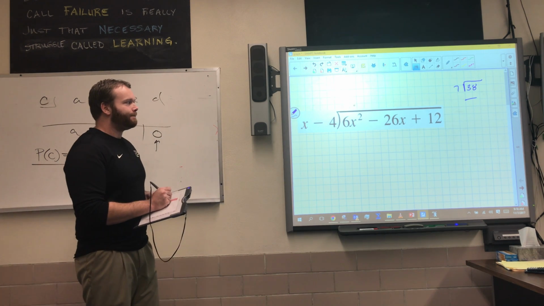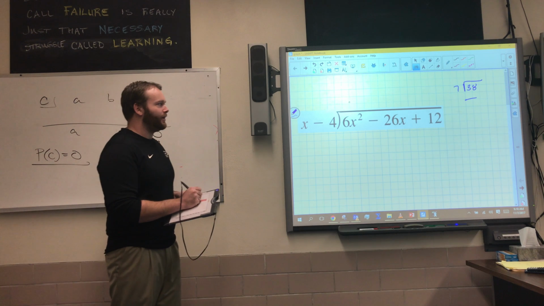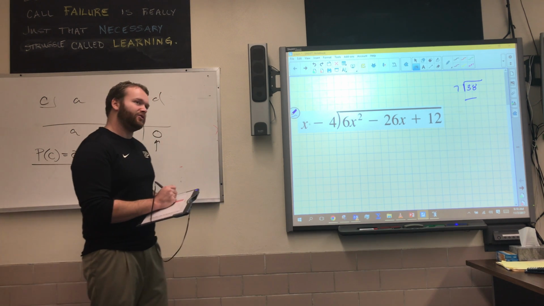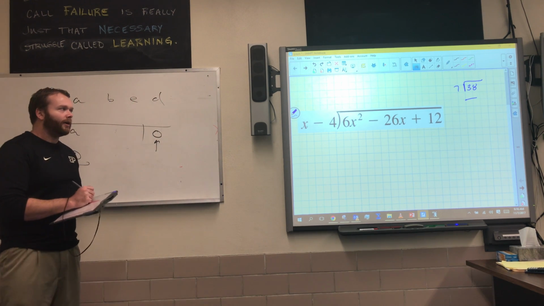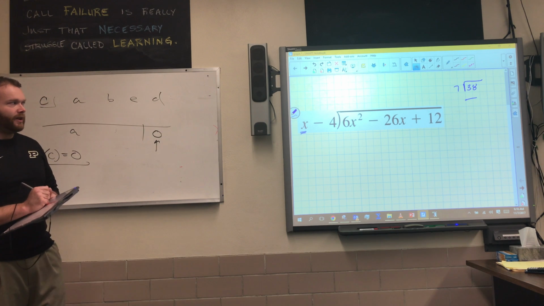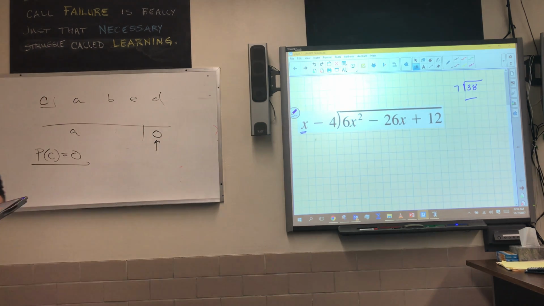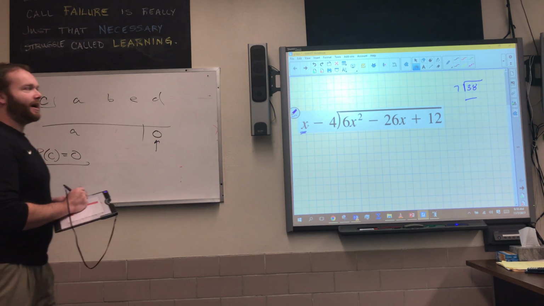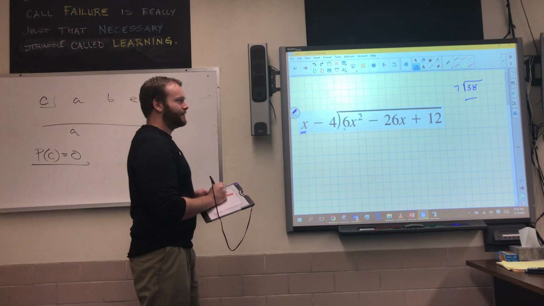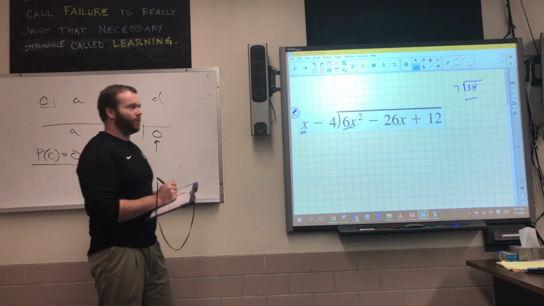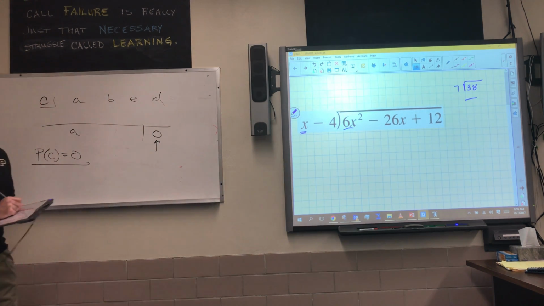So I'm going to have a monomial times a binomial, and I have to distribute that, right? So I'm really only interested initially in multiplying that x by something. Don't even worry about the negative 4 right off the bat. So what can I put right here so that when I multiply it by x, it gives me this 6x squared? And what term would that be? 6x. Okay, so I'm going to put 6x there.